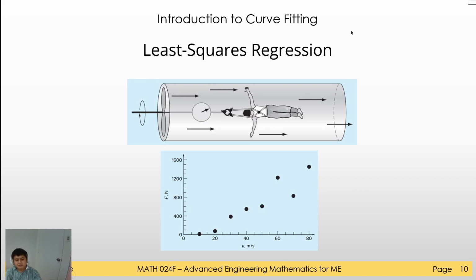Let's say you have a cylinder through which air flows. So we expand the air and then the velocity of the air increases.